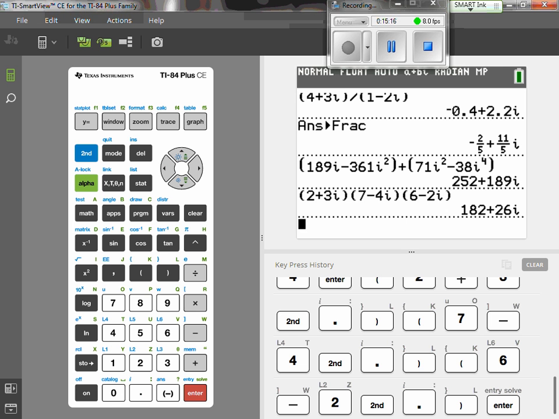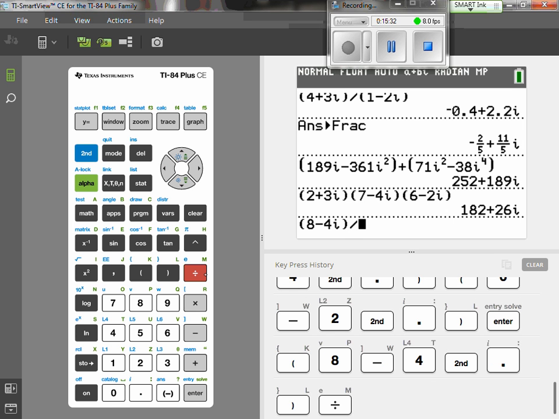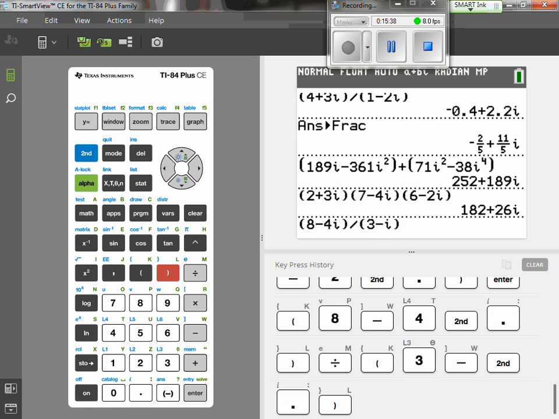For division, it would be similar, but we're going to do it a little bit differently. Like problem L, I'm not going to do the fraction. I'm going to do 8 minus 4i divided by, close parentheses, 3 minus i. You're going to have to put parentheses around the top and bottom. What's on top, you have to put in parentheses. What's on the bottom, you have to put in parentheses.